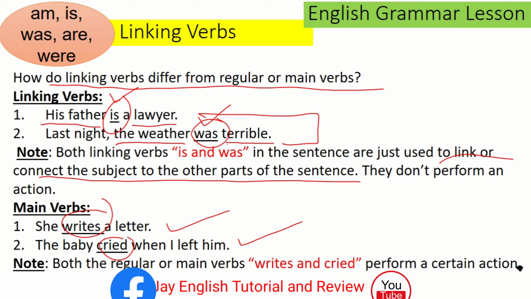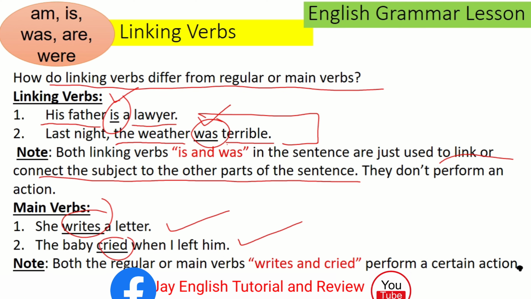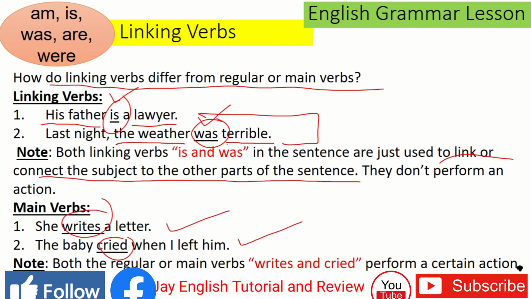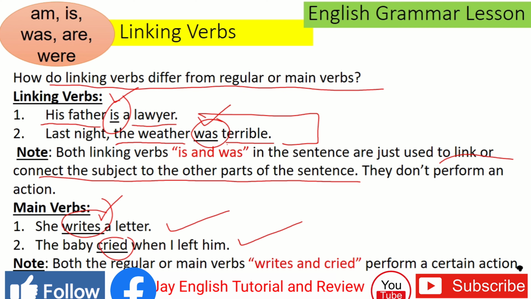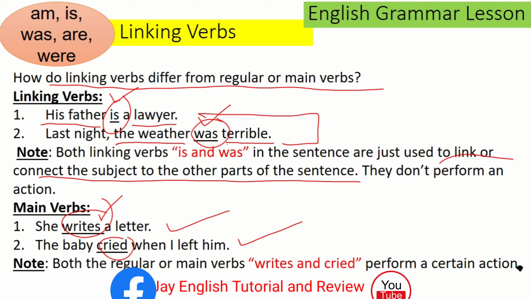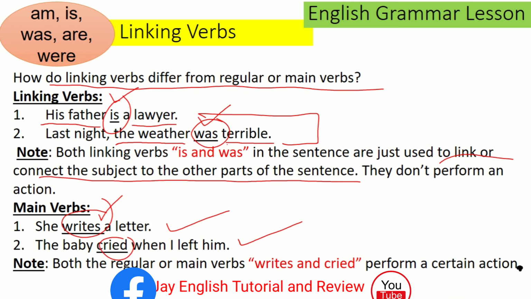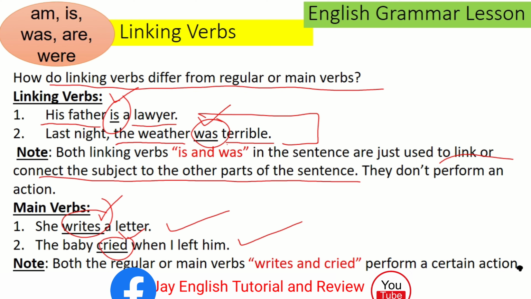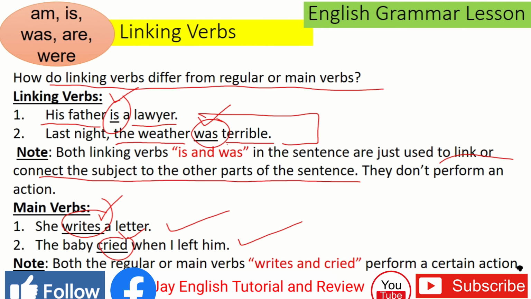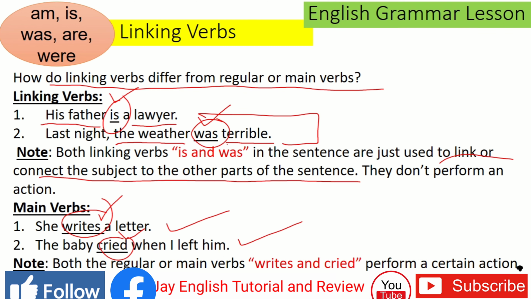Unlike the linking verbs that do not perform an action, here the main verbs, both these verbs, are performing a certain action. The verb write is an action word. Okay? There is an action involved when we say write. And same with cried. Okay? When you cry, it involves a certain action. Or when somebody is crying, for sure that somebody is performing a certain action.